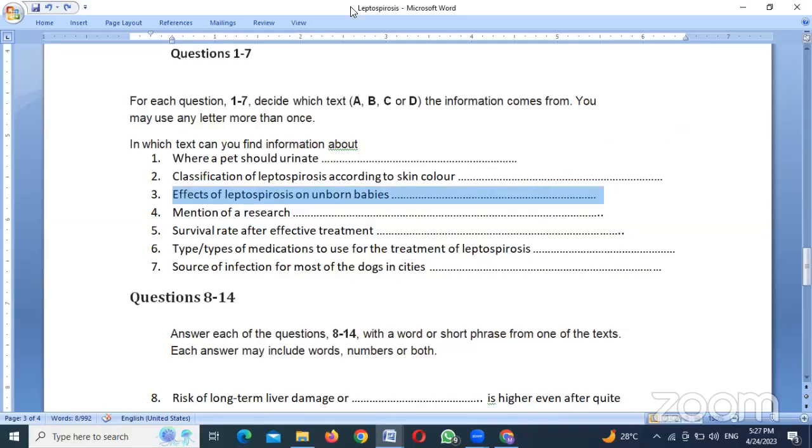Just people write in the chat on Facebook or on Zoom. Where is it possible to find the answer, in which text? Question number 3, in which text? Just quickly, please. We have very short time.